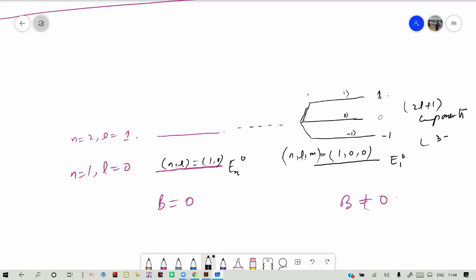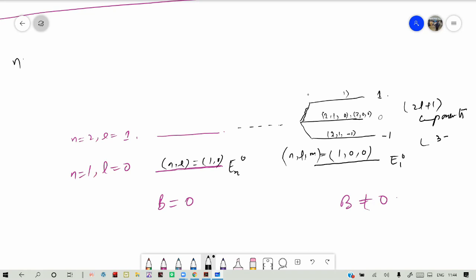What will be the states for this? If you write it, it is 2, 1, with L is 1, M is -1. Here we have 2, 1, 0. There is again 2, 0, 0, because L is still degenerate.